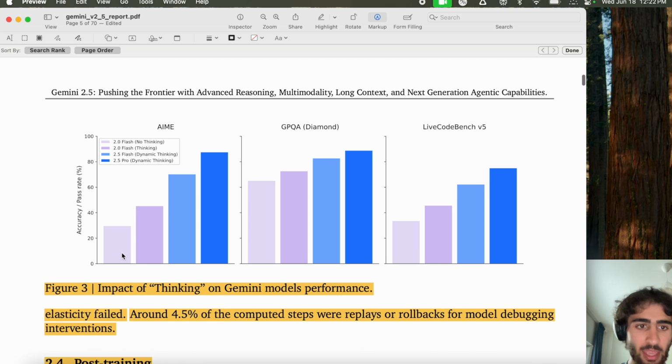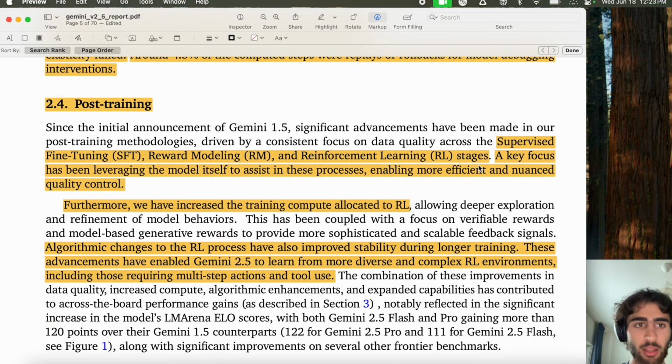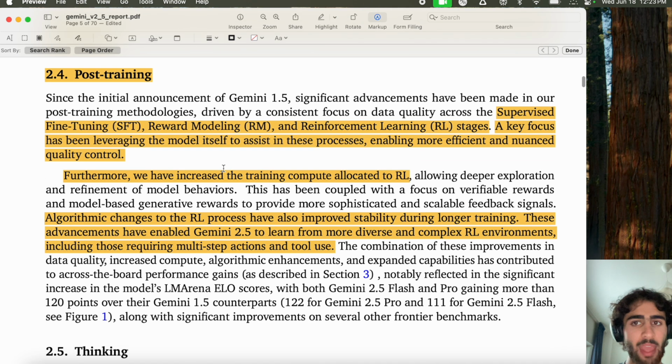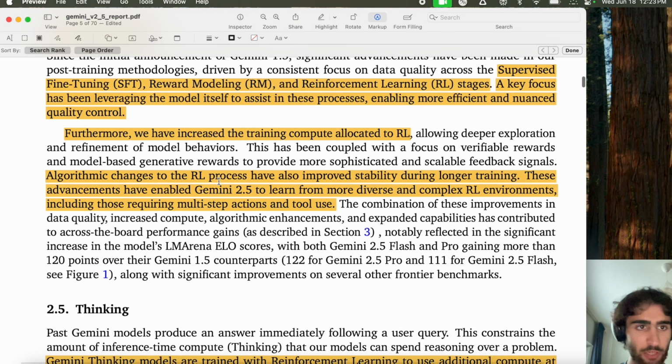Here they show the impact of thinking on Gemini model's performance, which just shows that thinking helps linearly, if you're interested. Now moving on to post-training, they use SFT, reward modeling and reinforcement learning stages after the model has been pre-trained. A key focus recently has been leveraging the model itself to assist in this process, enabling more efficient and nuanced quality control. And as has been the current trend, they also increase the training time compute allocated to reinforcement learning.